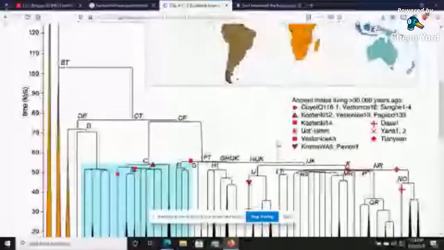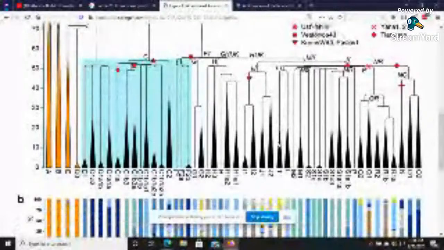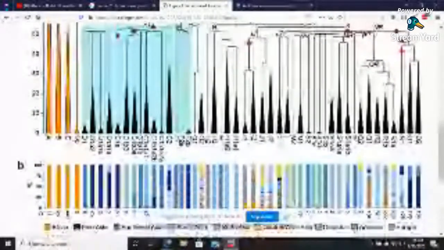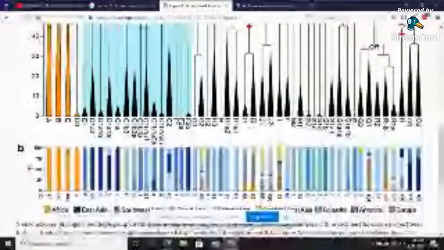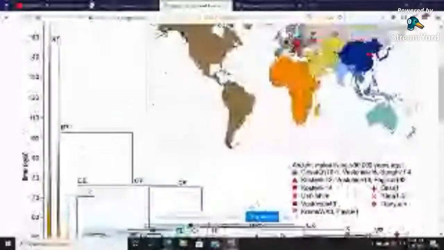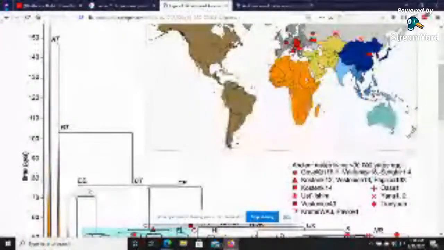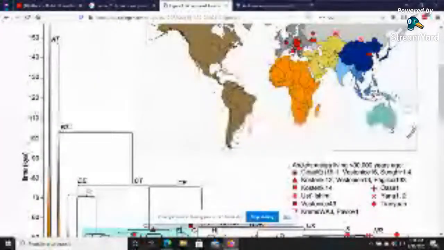This is the chart where I found the Jewish people in Americas. Okay, we have to understand what this is. We have Africa as this orange color. Middle East is this brown color. The Americas are the dark brown color.